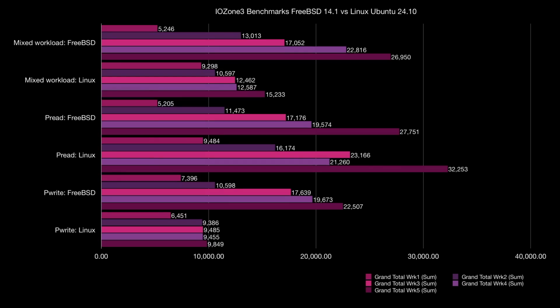For some reason, Linux doesn't scale up. It dropped back a little going from 3 to 4. On 3 concurrent users, it went from 23,166 to 21,260. And I have seen that kind of behavior before on Linux.